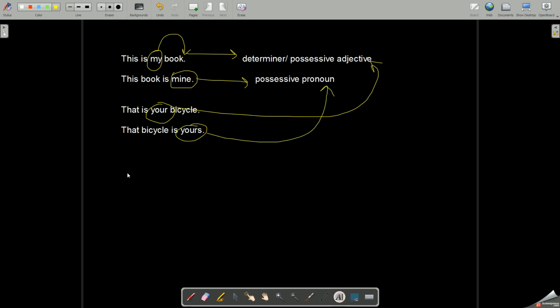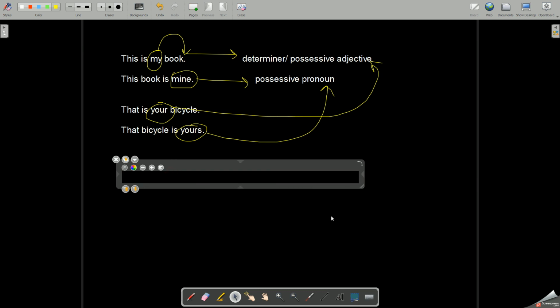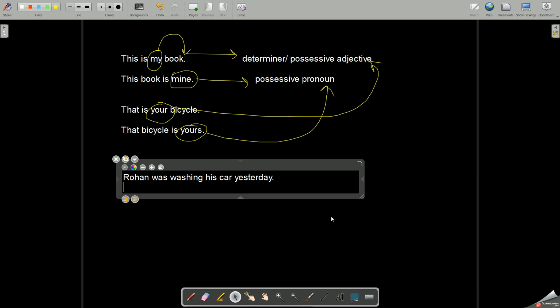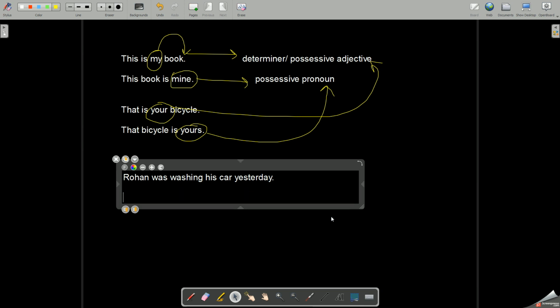In the similar way, I write Rohan was washing his car yesterday. Rohan was washing a car of his yesterday.